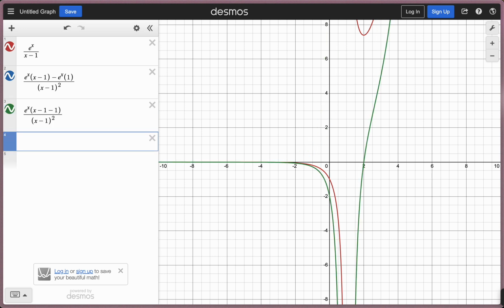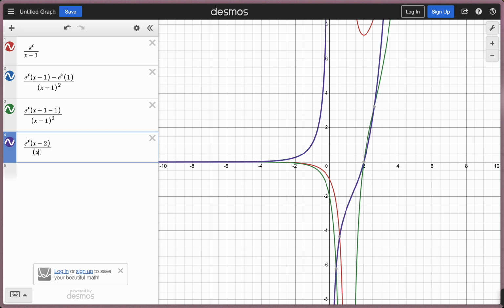Now we get e to the power of x minus 2, x minus 1 squared, that stays the same. Okay, ignore this for now.